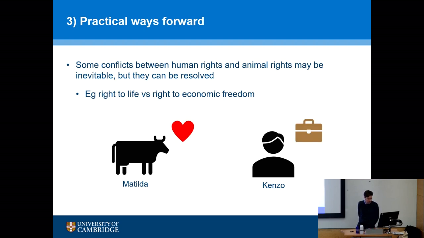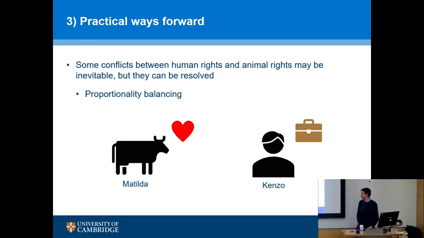Of course, there are farmers and businesses that have a right to economic freedom. What exactly would that mean? There is obviously potential conflict here, prima facie at least. The farmer would want to kill Matilda and sell her flesh, whereas Matilda has an interest in remaining alive, at least if you take that view.